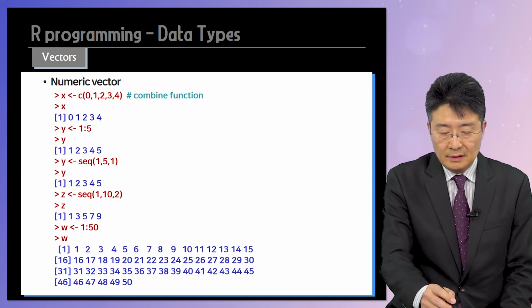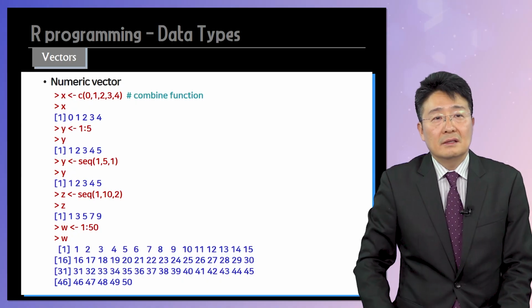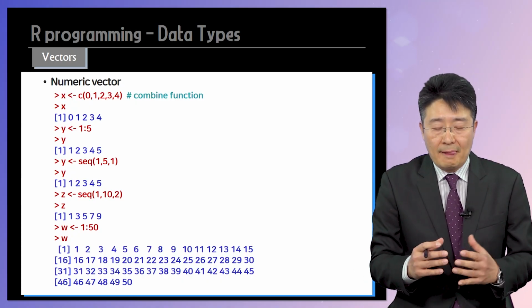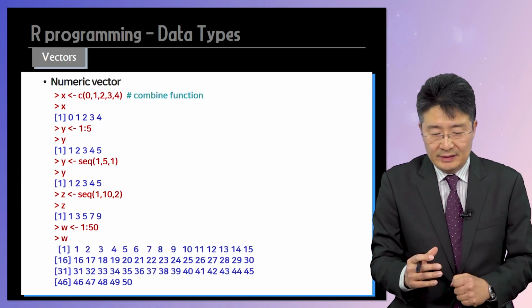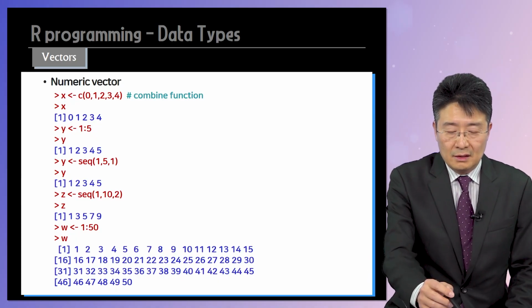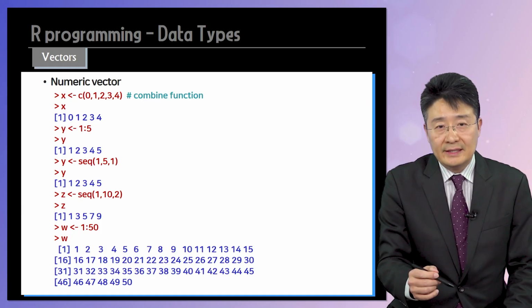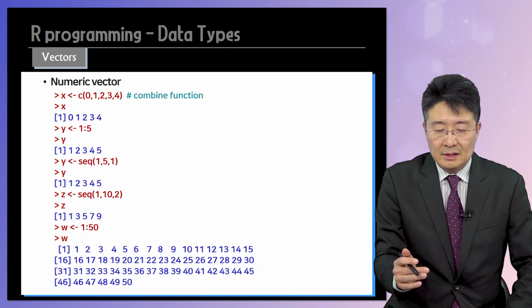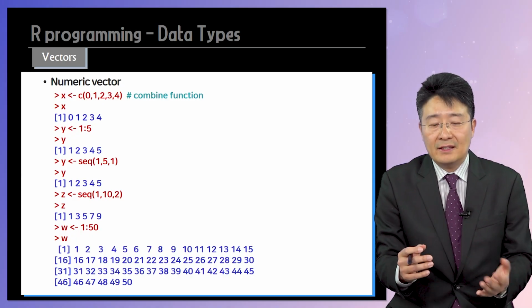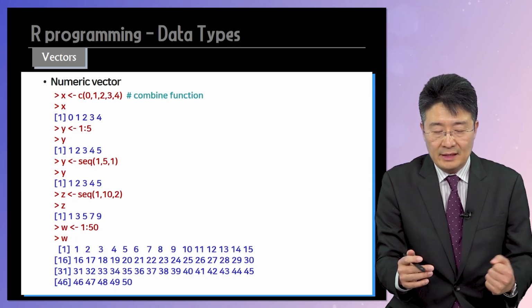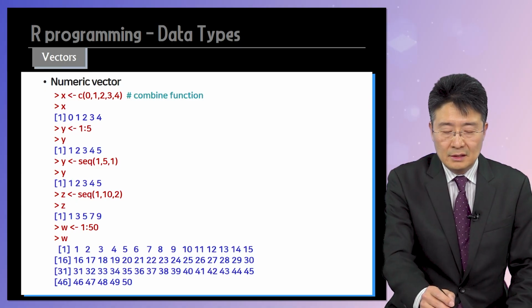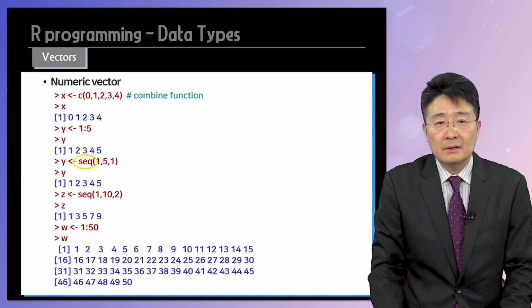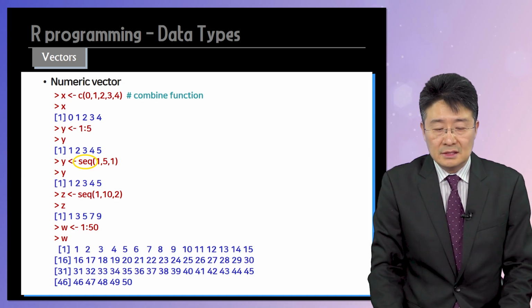First, the c represents concatenate. We can connect the data values in a chain. So then we can define a numerical vector. You can see this function seq, which is a sequence.